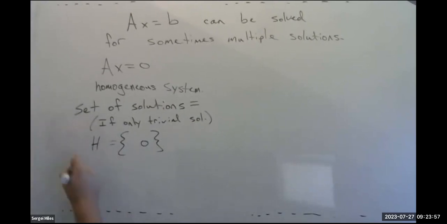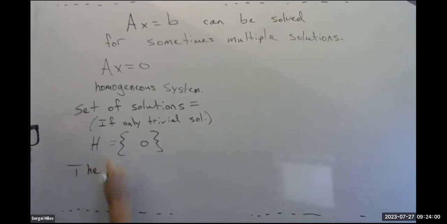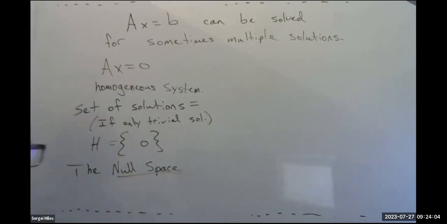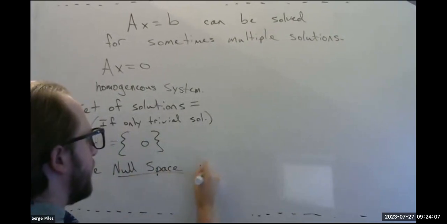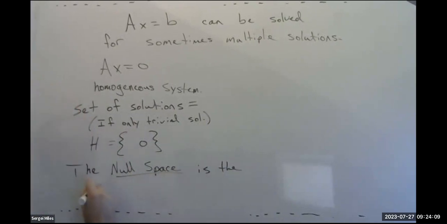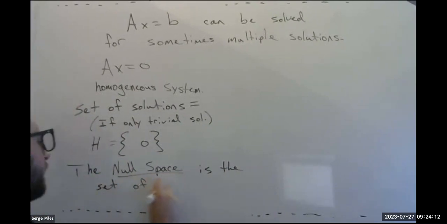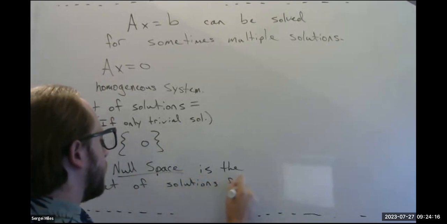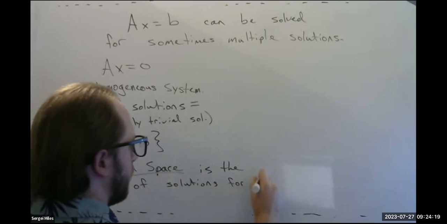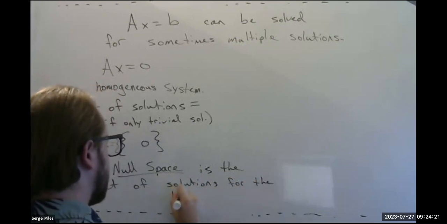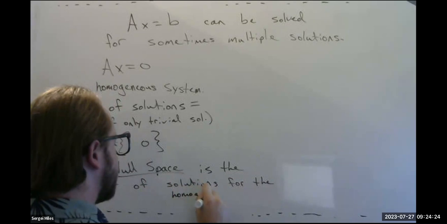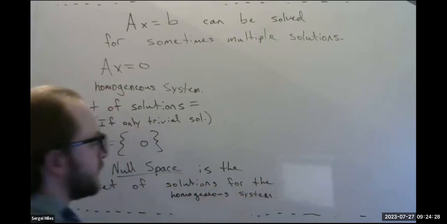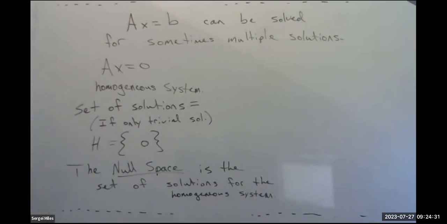So what we call it is the null space, the set of solutions for the homogeneous system, right? So this is specifically what the null space is.